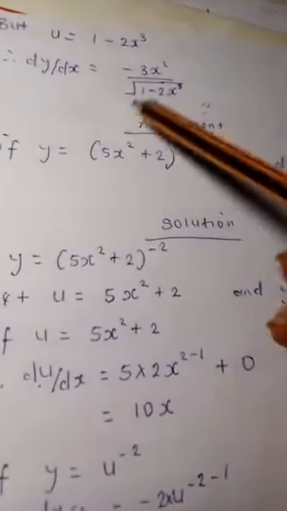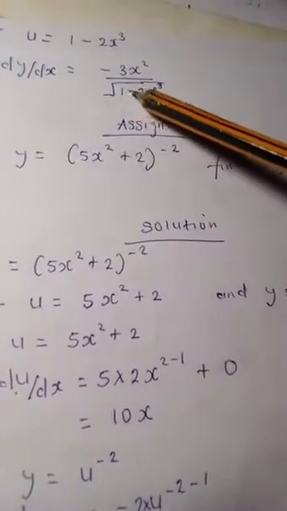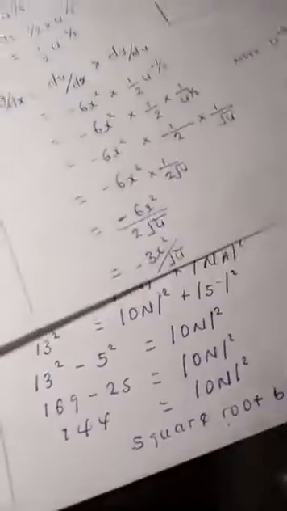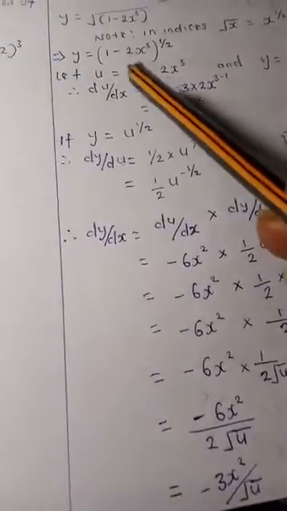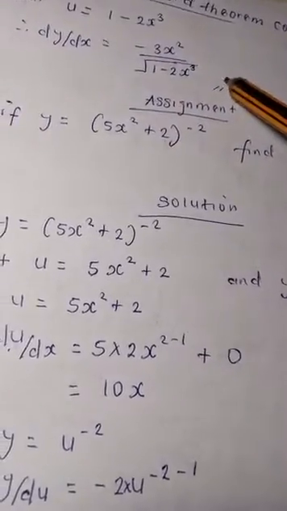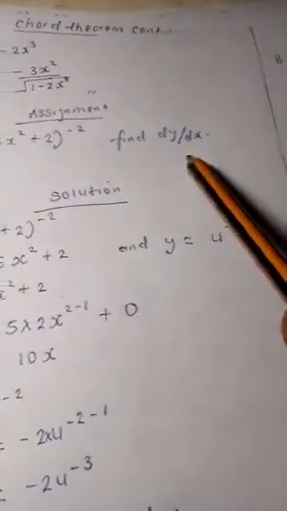So dy/dx is now equal to: anywhere you see u, I remove this u and put 1 minus 2x raised to power 3. That's what we did here. So this is the final answer. So this is your assignment: if y equals to this, find dy/dx.